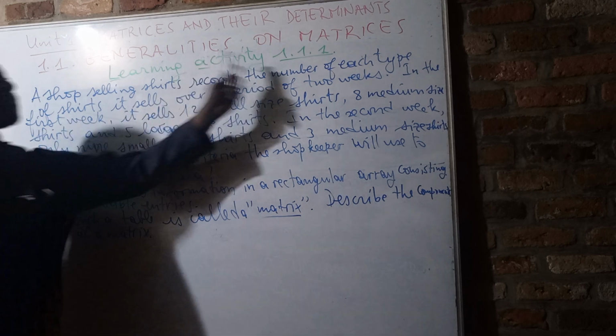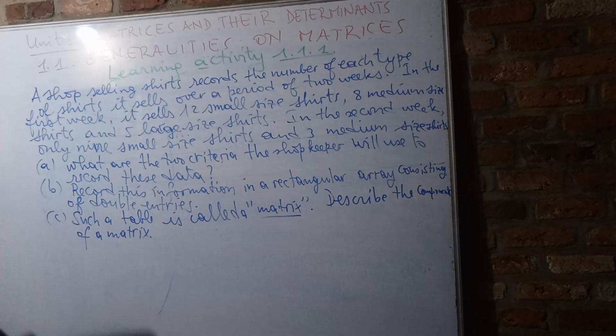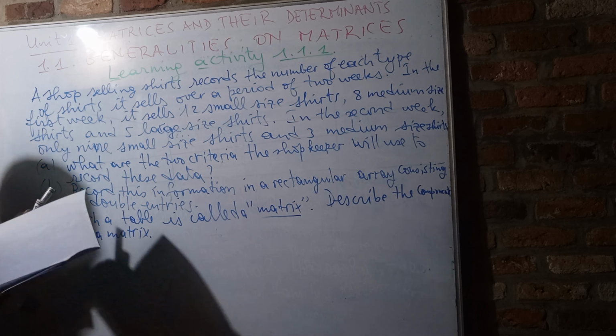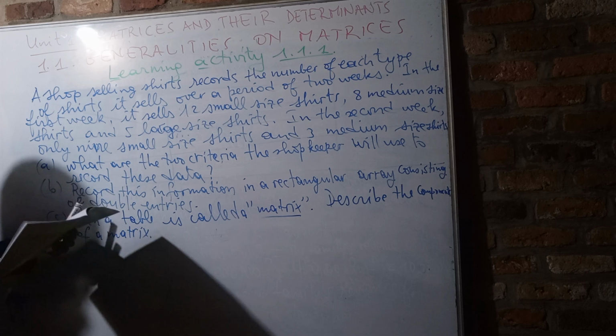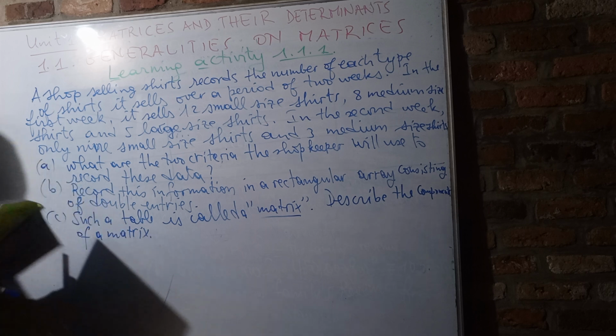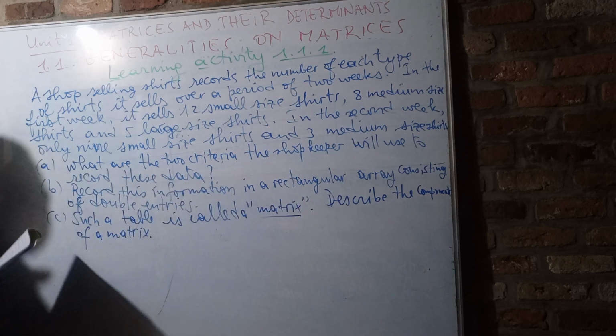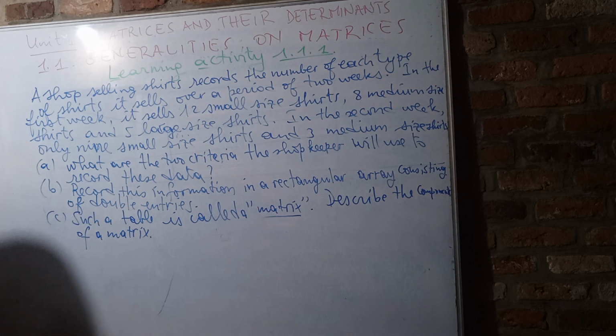Okay, so now learning activity 1.1.1. So how to answer these questions? Let us look at some answers to these questions. What are the two criteria the shopkeeper will use to record this data?